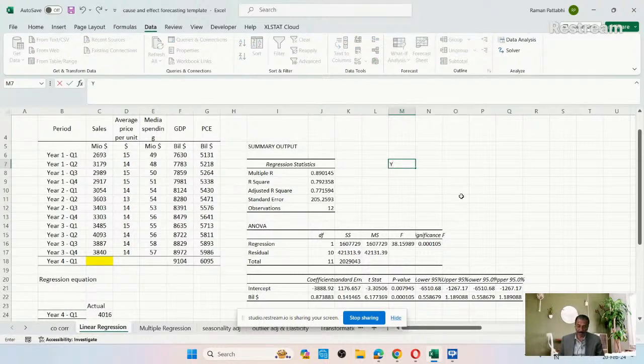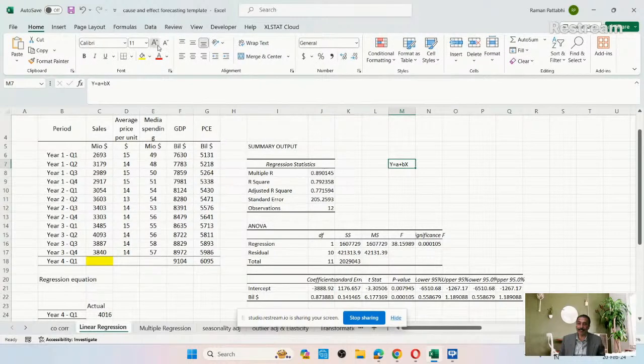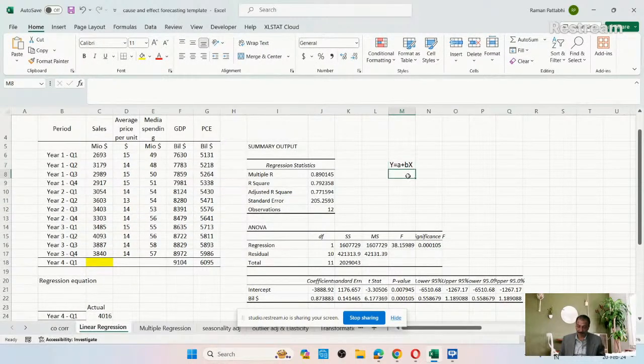For example, y is equal to a plus bx is the equation model. Let me zoom it for your clear understanding. Now if I want to build this model, I have a available here, plus the coefficient for the slope is available here, and I have the value of GDP provided for year 4 quarter 1.